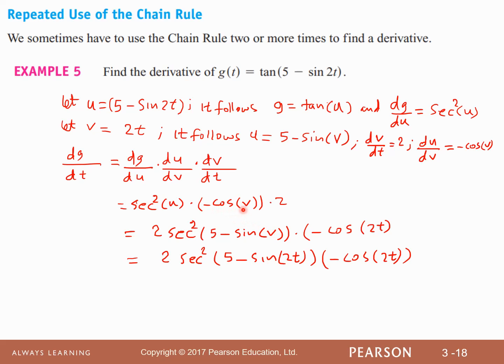So we're going to replace v by 2t because we said v is equal to 2t. So negative cosine v is now negative cosine 2t. Now we have to replace v over here also. So this line is going to be equal to 2, and then sec square of 5 minus sine, instead of v, we'll put 2t because v is equal to 2t. And then that's multiplied by negative cosine of 2t. And that ends the proof.